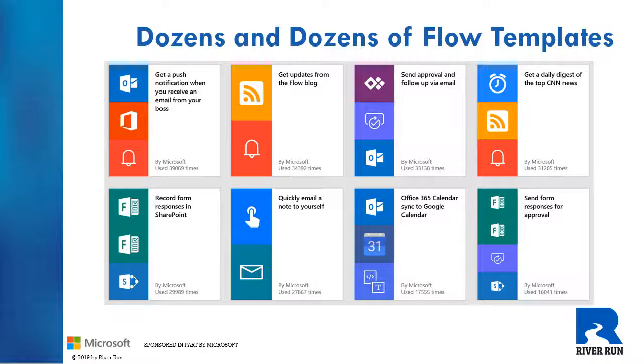Using any one of these flow templates gives you a sense of how they're built, starting with an alarm clock, or starting with something from Outlook, or from a form. And then moving on, your output is an alert, an alarm, something transferred to SharePoint, and so on.